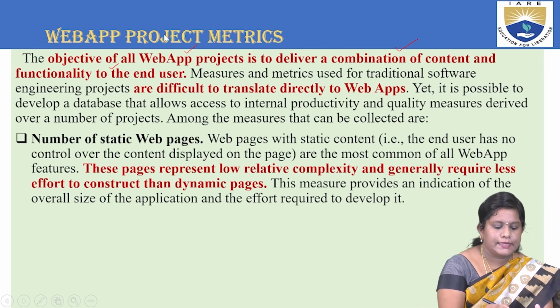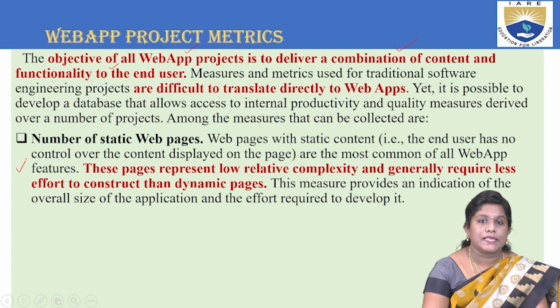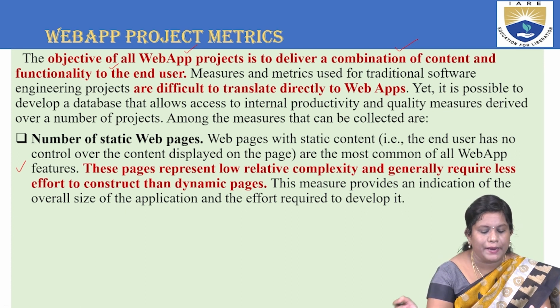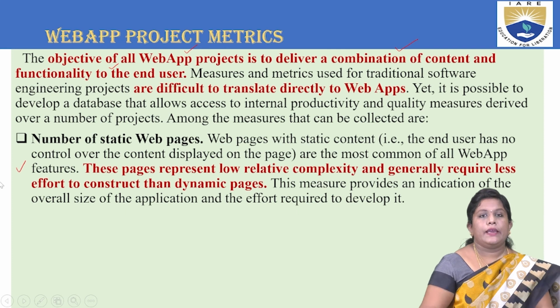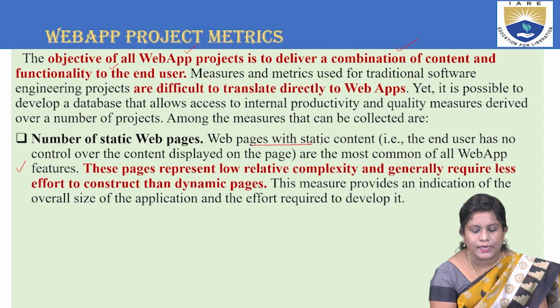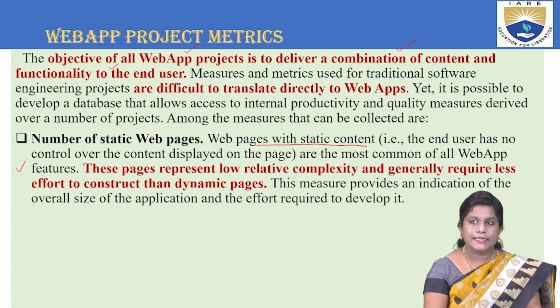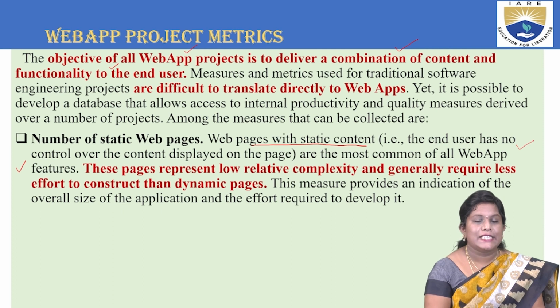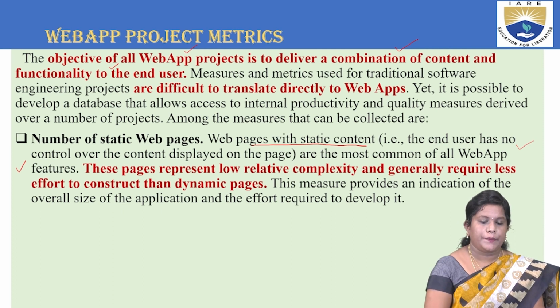And next, here again, we are supposed to discuss static web pages and dynamic web pages. So what do you mean by static web pages? Web pages with static content. When do you say web pages are static content? That is, the end user has no control over the content displayed on the web page, right?